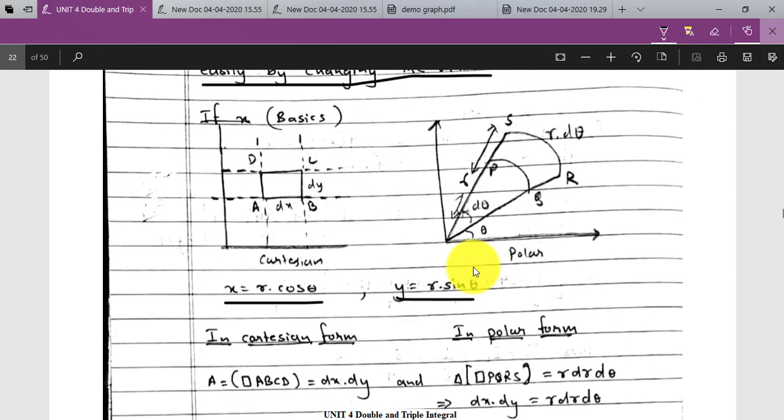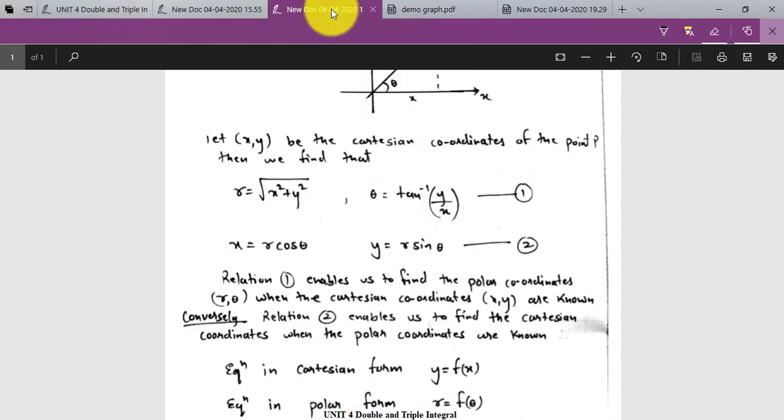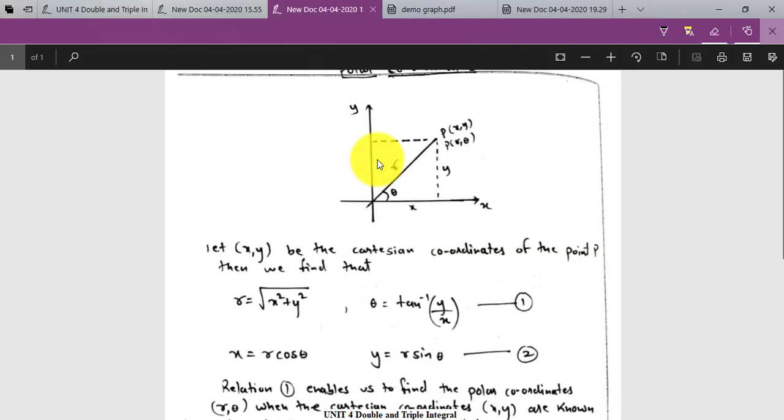Let me go back to the previous concept that you have already studied. This is a polar coordinate system and a Cartesian coordinate system.